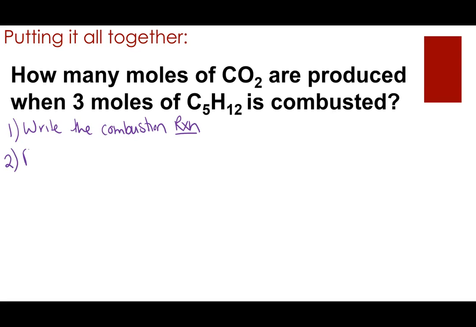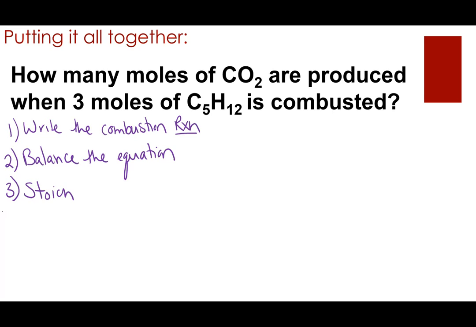Step 2 is going to be to balance the equation. And then step 3 is going to be stoich my way through it. So I just put stoich. Okay. So I need to get the combustion reaction on the paper. I need to make sure the equation is a balanced chemical equation. And then we're going to use stoichiometry to get to our answer.